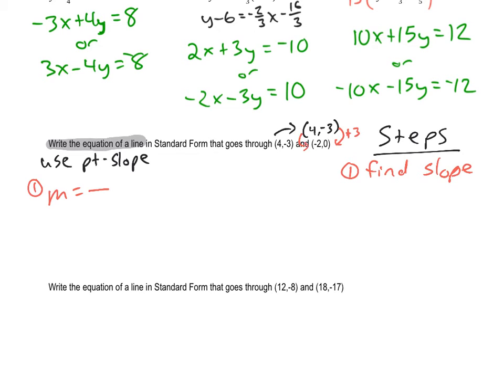And then 4 to negative 2 is minus what? 6. 3 over negative 6 is negative 1/2. So now we have the slope. Do we have any points given to us? Yeah, we got 2 points to choose from. So now we could set up our point-slope.